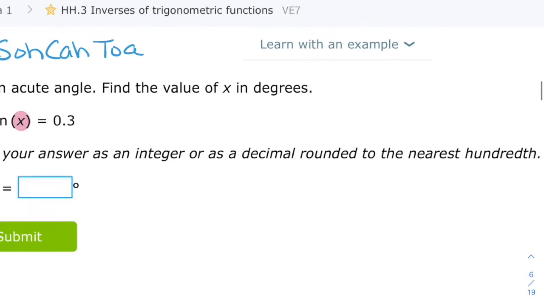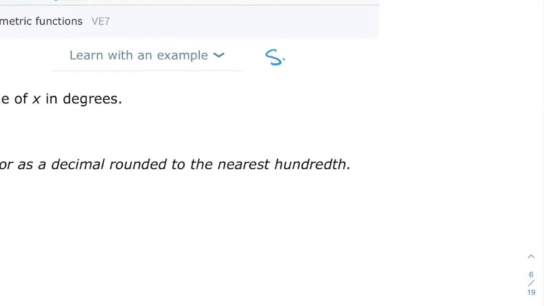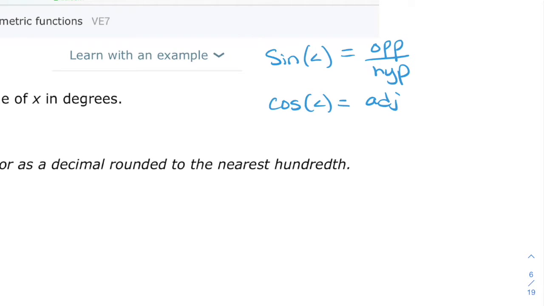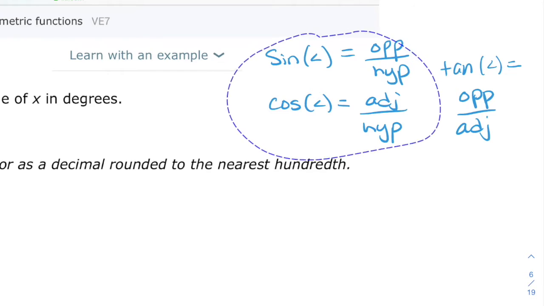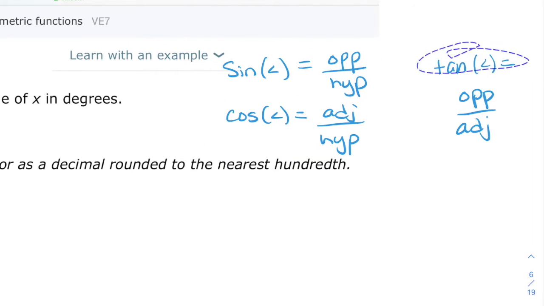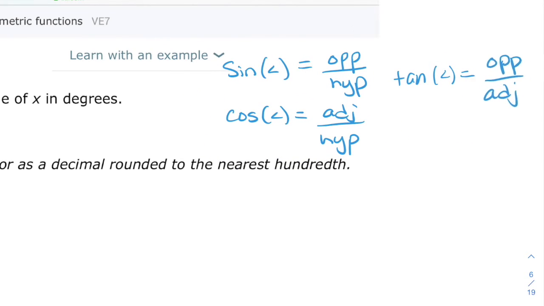We're not going to need it too much today, but don't forget that the sine of our angle is equal to the opposite side over the hypotenuse, the cosine of our angle is equal to the adjacent side over the hypotenuse, and the tangent of our angle is equal to the opposite side over the adjacent side.